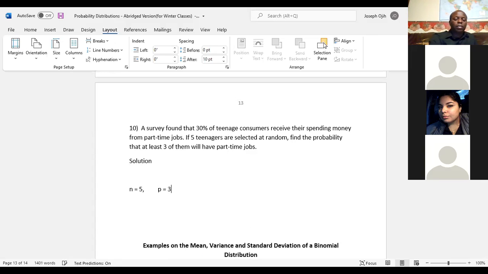So P is 30%, which is 0.3. Now Q, we don't need Q. I want us to use the table for this one because it says at least 3 of them. That means you're going to find 3, 4, 5 and add them. So you have to do the formula 3 times. That will take you a lot of time. So the best is to use the table.